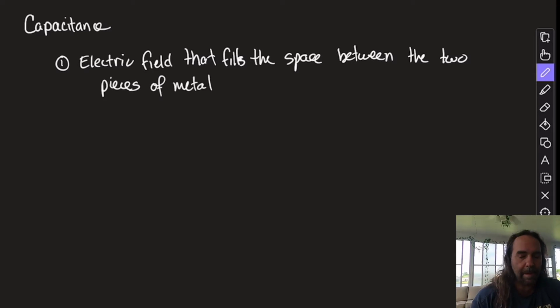Now, if it's random or non-symmetric or unable to be measured, you can't do that. We are looking for an expression. E is a function of location or something like that, so that we can eventually do the second part, which is to find the potential difference from one piece of metal to the other.